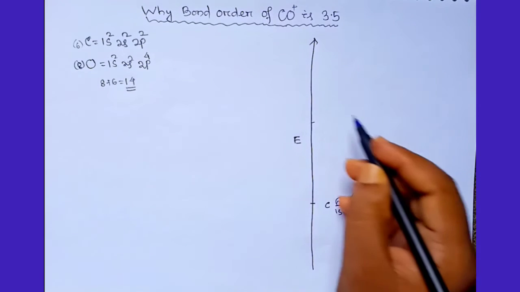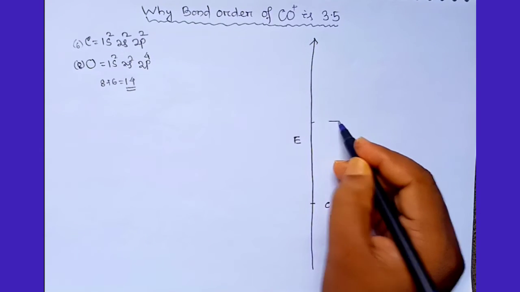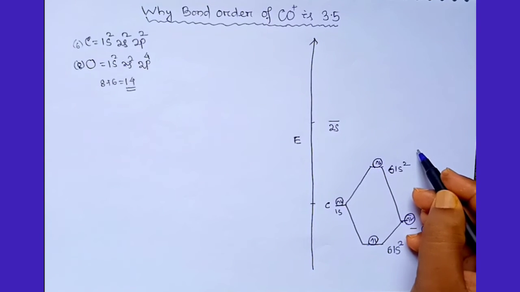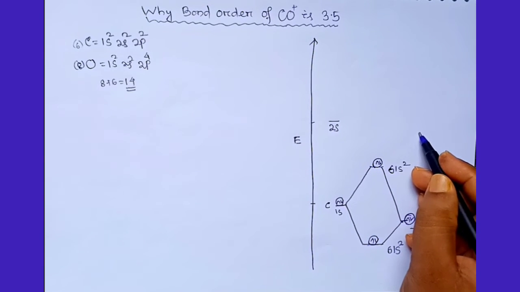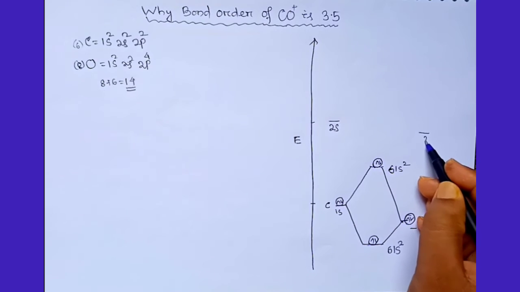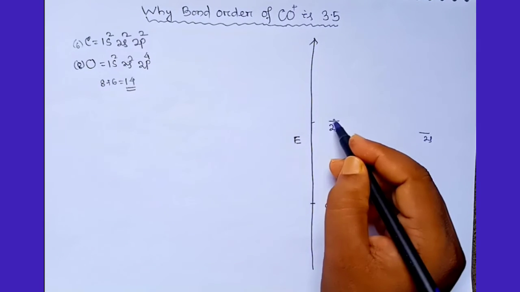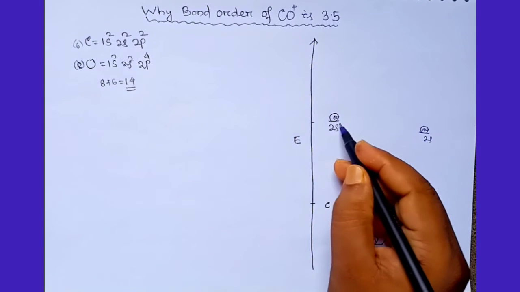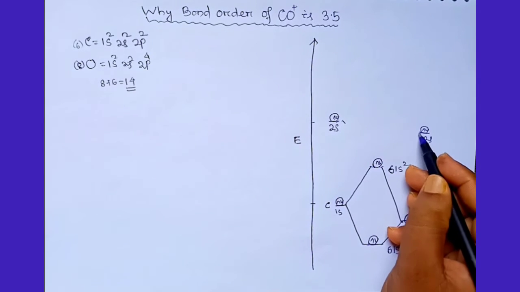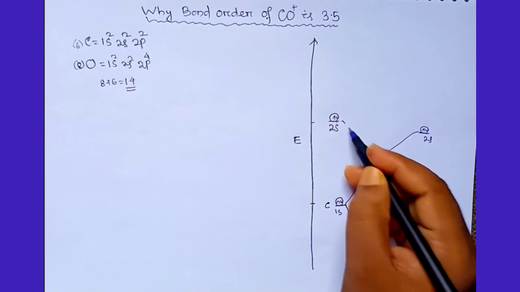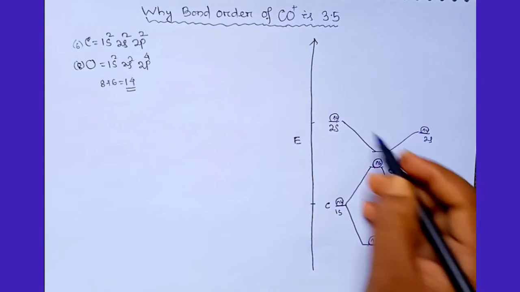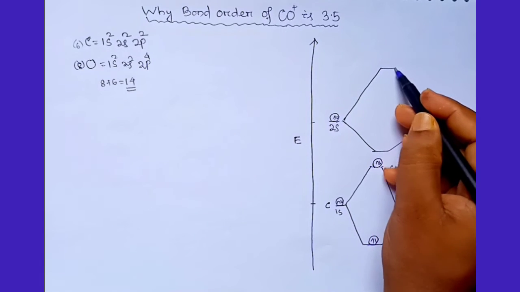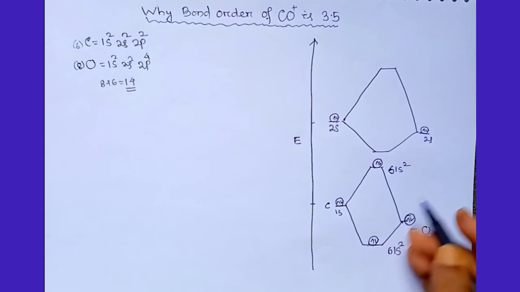Now again we will draw here 2s of carbon, and here 2s of oxygen. Here also 2 electrons, here also 2 electrons. Now this is the bonding molecular orbital and this is the anti-bonding molecular orbital.